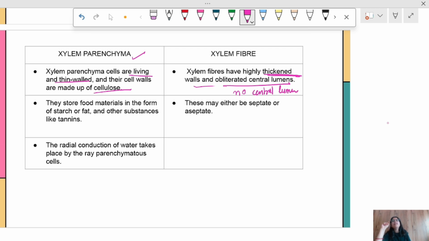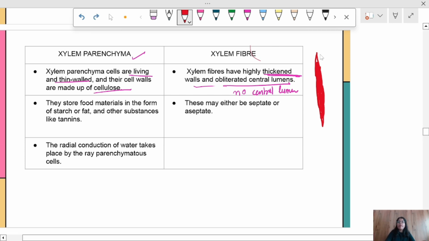Okay, that much lignin is present that the central lumen is actually absent. Obliterated, finished, almost finished. No central lumen is there, right? This kind of structure is there in xylem fiber.